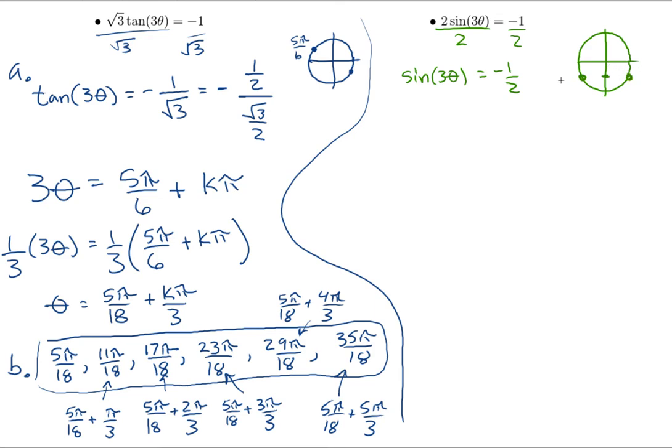So it certainly looks like what we have is 7 pi over 6 and 11 pi over 6. So we get two separate statements here. 3 theta equals 7 pi over 6 plus 2k pi. 3 theta equals 11 pi over 6 plus 2k pi.